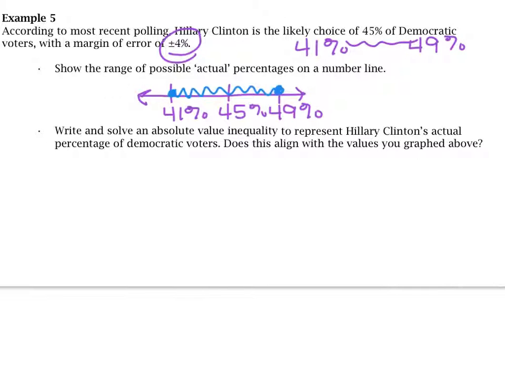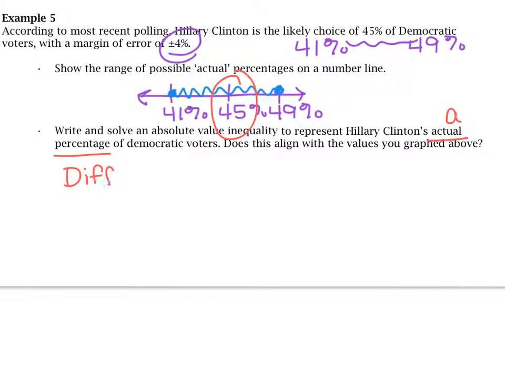So here's what I'm going to do. The actual number that are going to vote for her is unknown. We have a range, but we're going to use A for the actual number, like when they do the voting, what percentage actually votes for her. And what we want to know is the difference between that actual and our predicted, which was the 45. Difference, hopefully that jumps out at you.